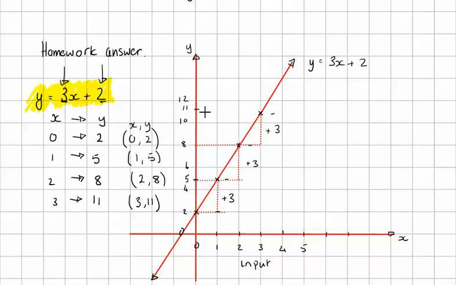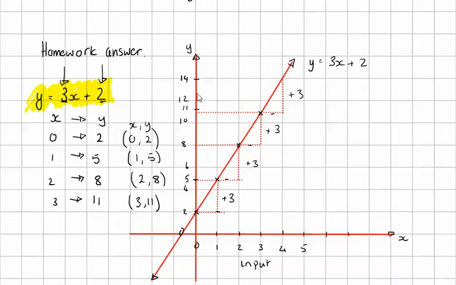To get to the next one at 11, we have to add 3. What do you think the next point will be? What do you predict? We add 3 to 11 and we will get 14.